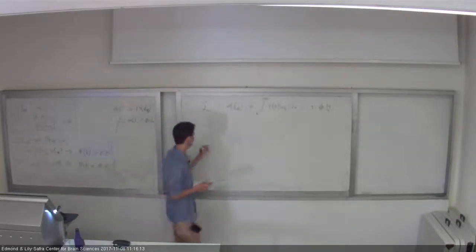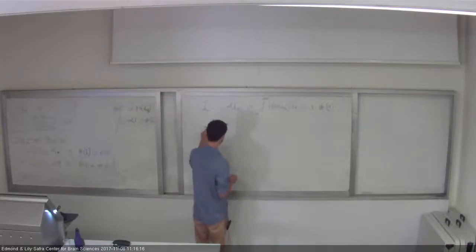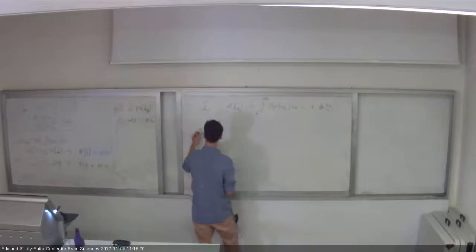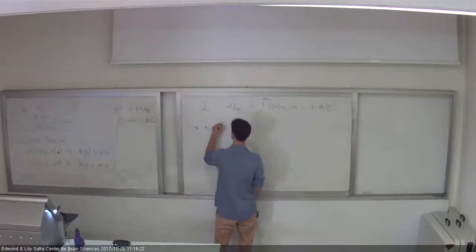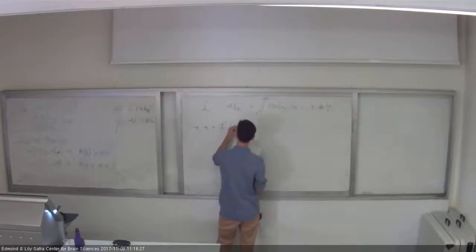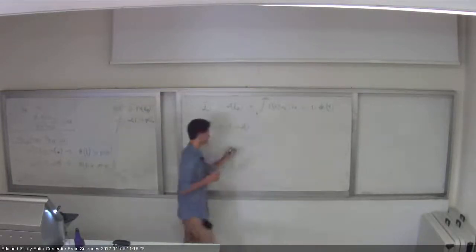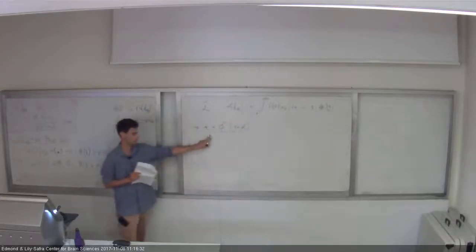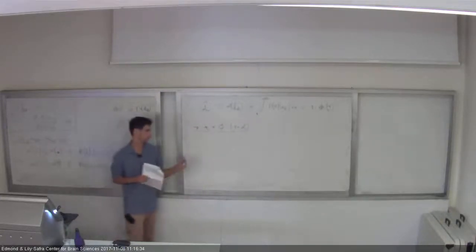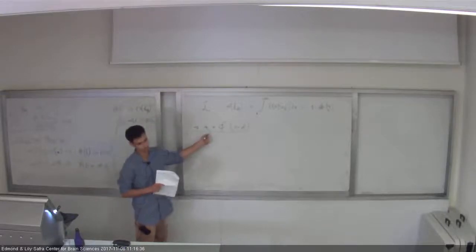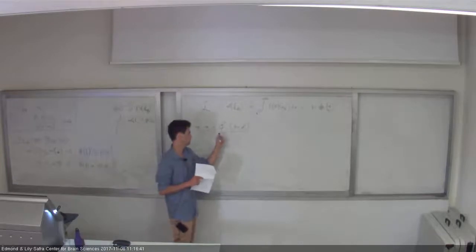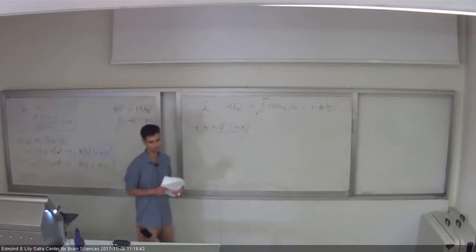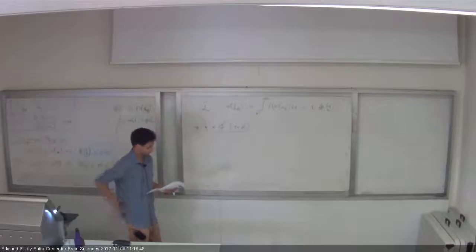Okay, and we can find t as a function of alpha prime. From this, we get that t is equal to phi inverse of 1 minus alpha prime. So we find t, our decision boundary, which will satisfy this constraint.